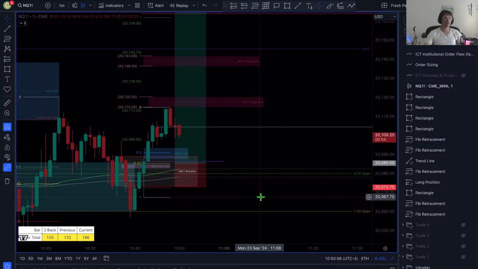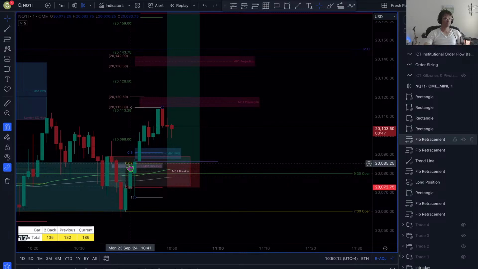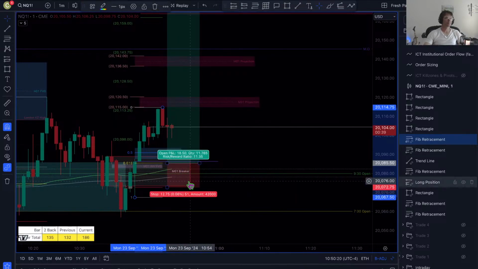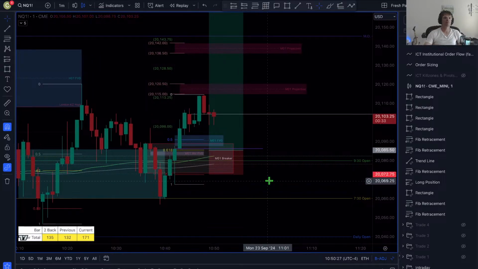It's an aggressive one based on that wick. If you're using the low, I'm using that wick. I'm on New York time, 10:42 candle low.